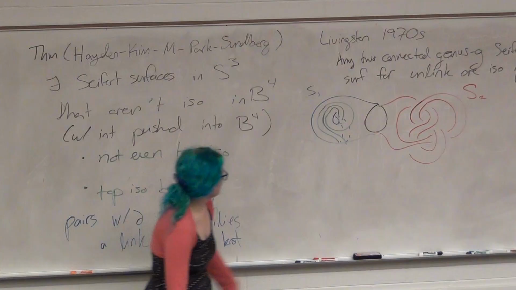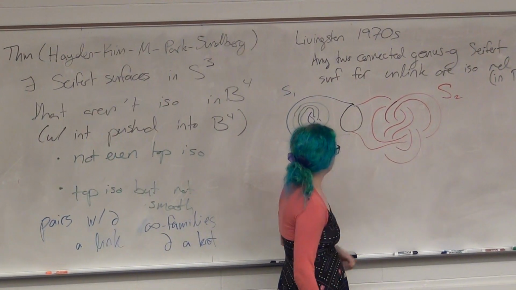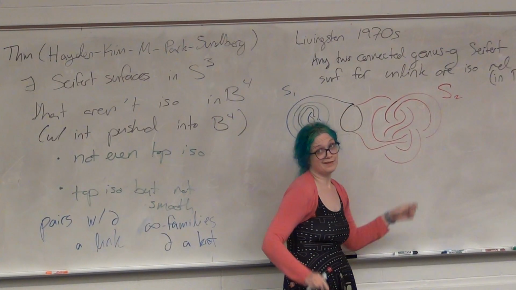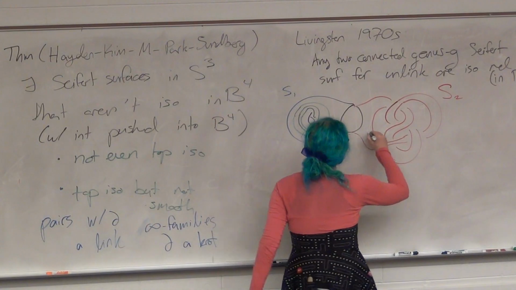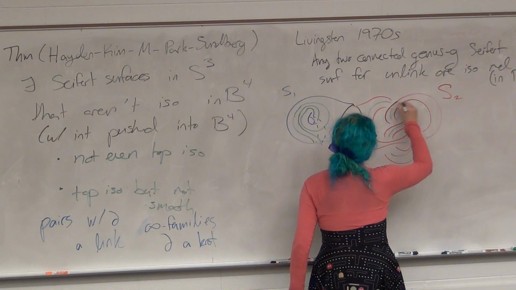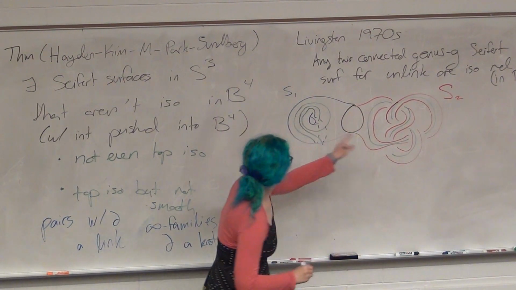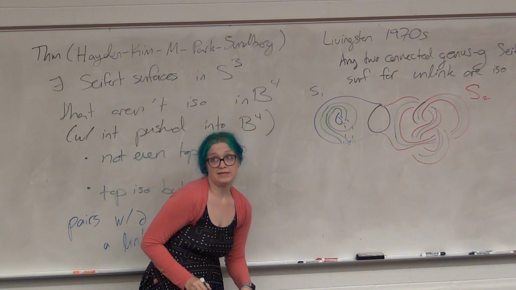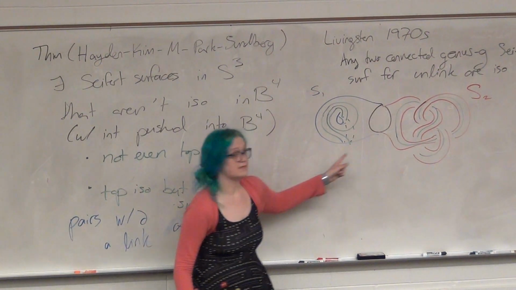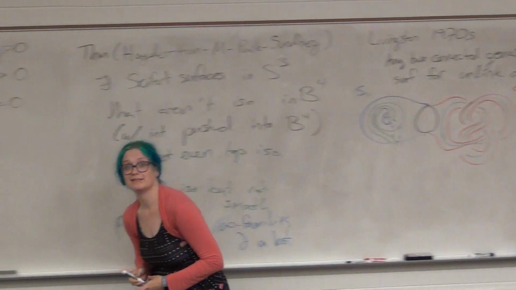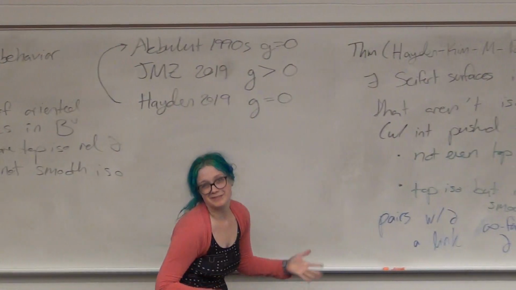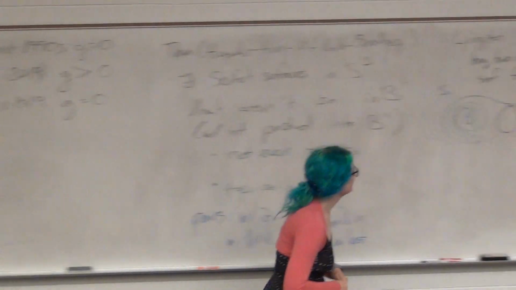But on the other hand, on this red surface, I've specifically tied it in the shape of the figure 8 knot, which is not a torus knot. So I have a curve here that's a figure 8 knot. So if these two surfaces were isotopic, then that would give me an isotopy from the figure 8 knot to some torus knot, and that doesn't exist. Okay. So then we don't even have to do the fundamental group computation.